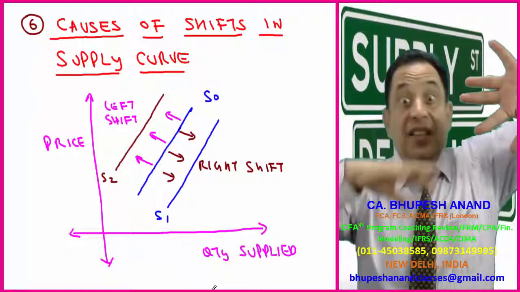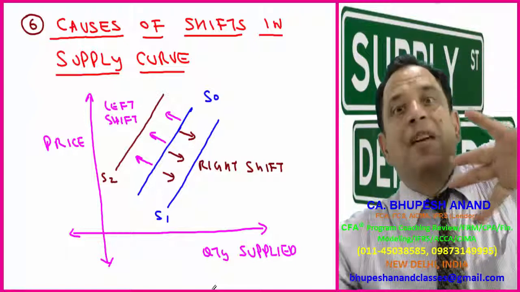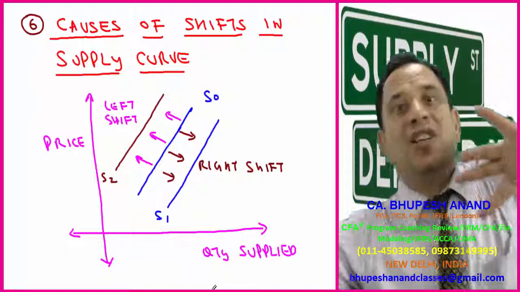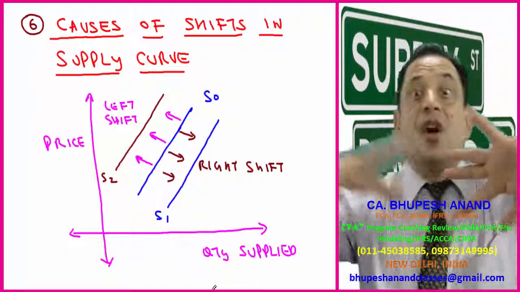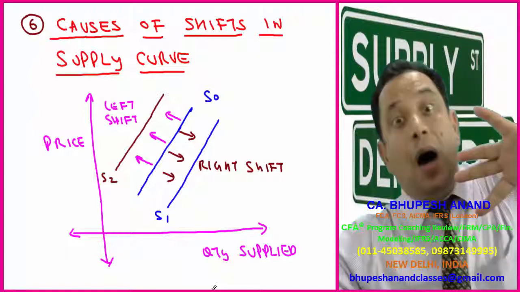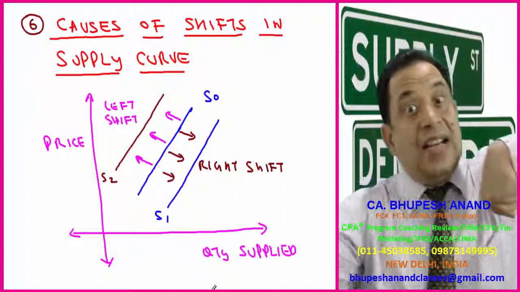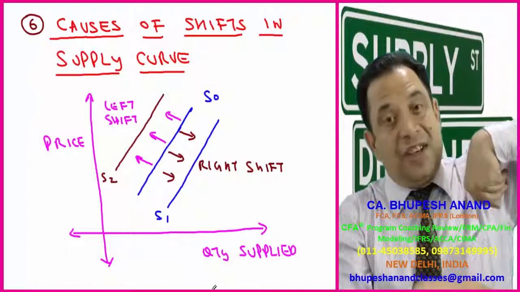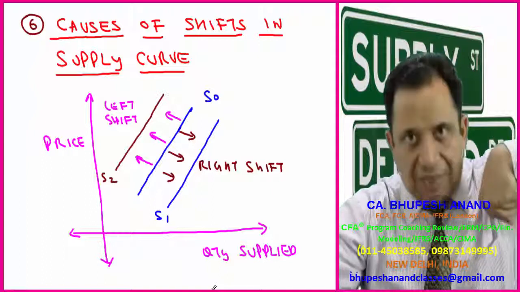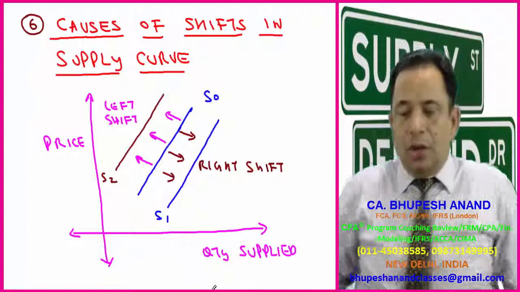But when there is a change in the cost of production, a change in technology, a change in the raw material cost, or a change in labor, then we will shift. Now again, we can have a right shift or a left shift. So please prepare the graph first, then I will explain more.